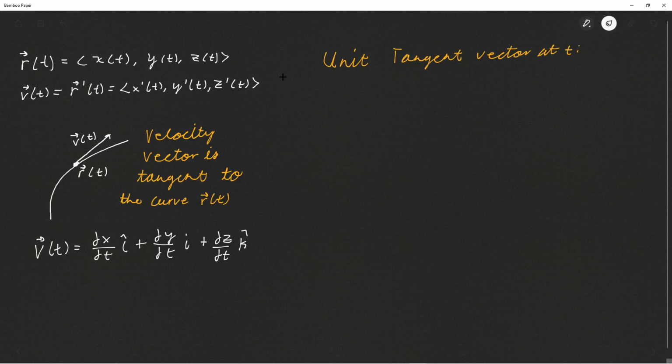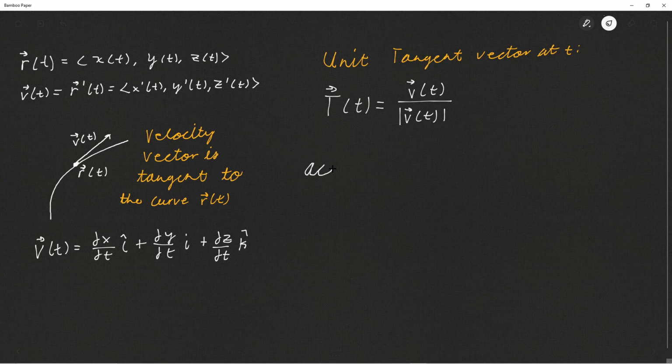So next up we have the unit tangent vector at t, which is going to be a capital T of t, which is equal to the velocity vector divided by the magnitude of the velocity vector. And then finally we have to find the acceleration.